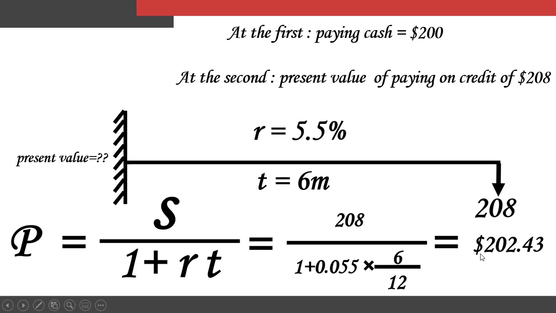So we compare $200 and $202.43. The best way is paying cash.